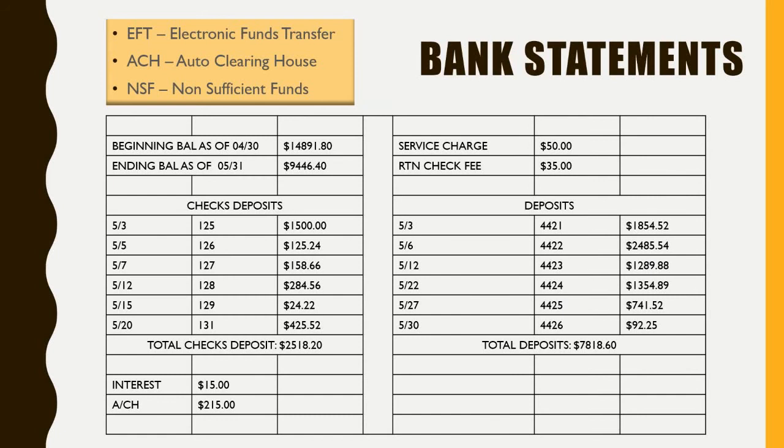Okay. So again, here are a few technical terms. NSF, which we talked about, is non-sufficient funds. EFT is electronic funds transfer. So we kind of briefly talked about that, right? It might be easier to send money directly from your bank to the other person's bank, et cetera, et cetera. You also have ACH.